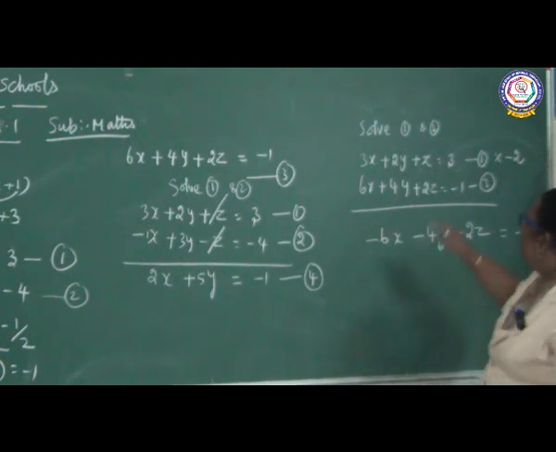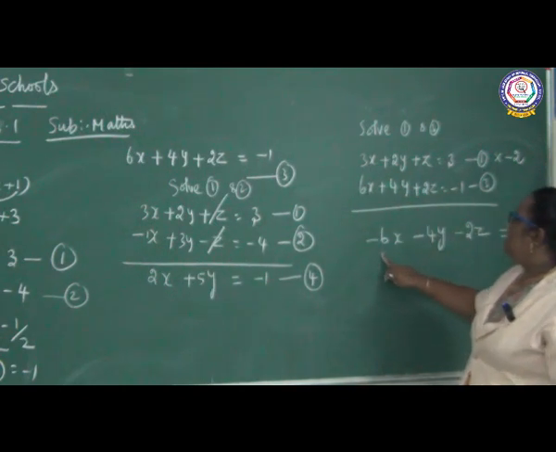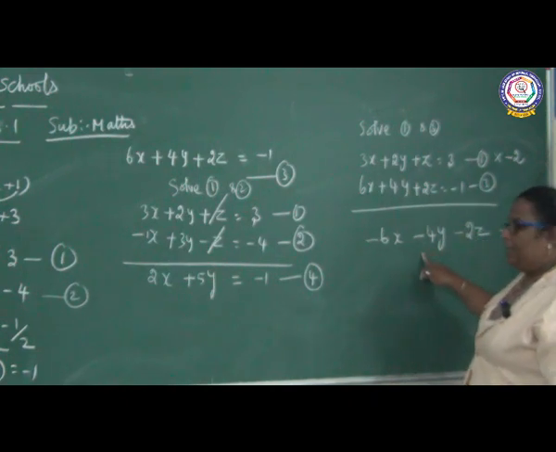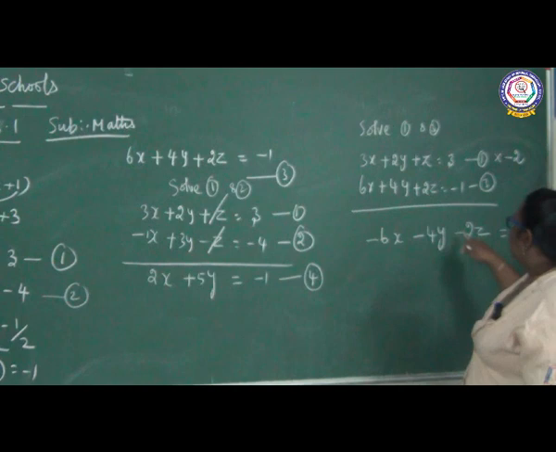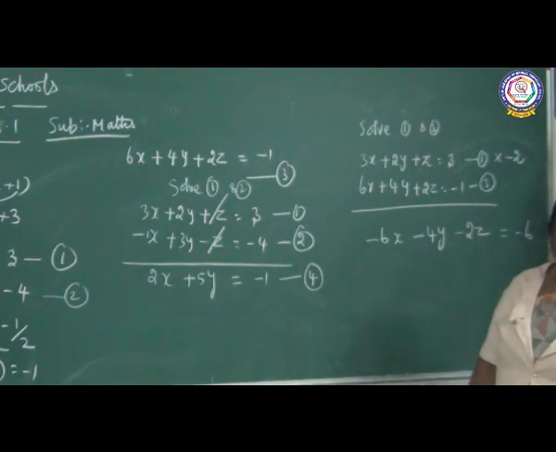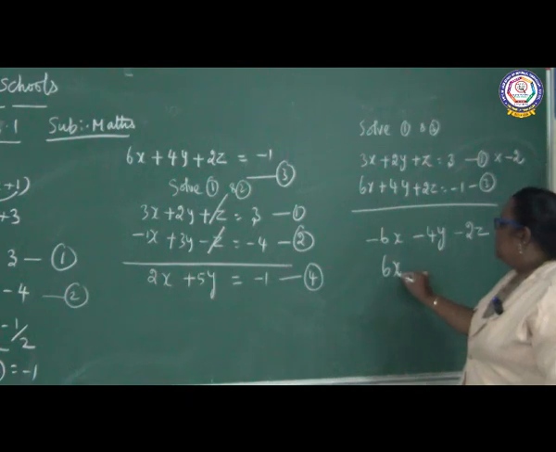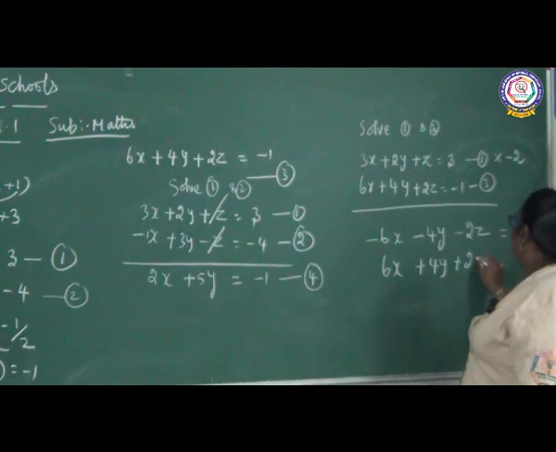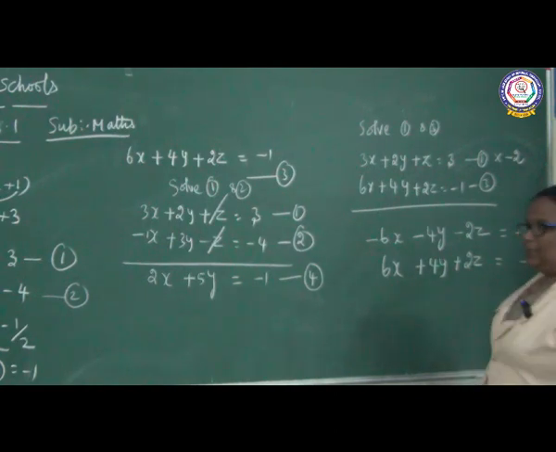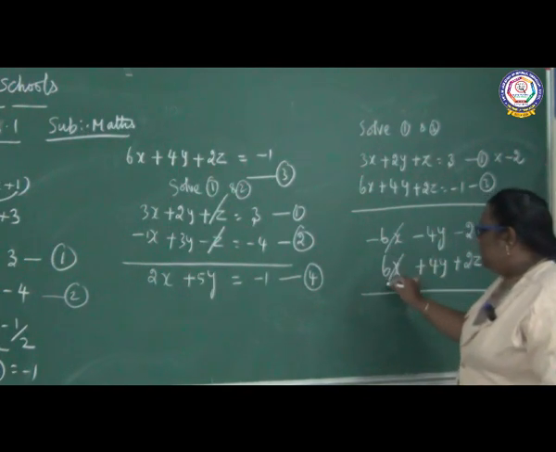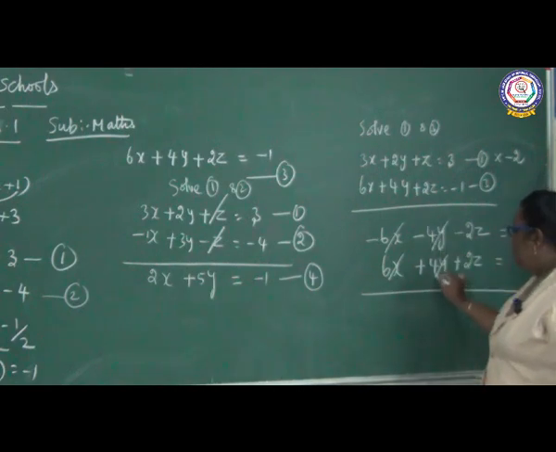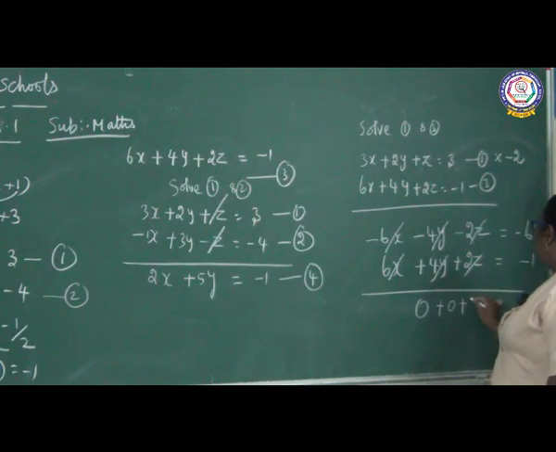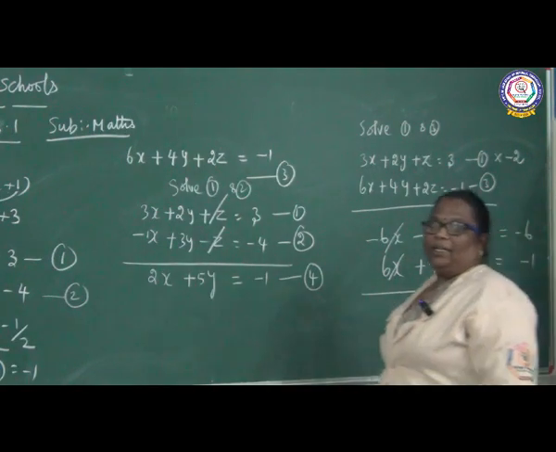Then 6x plus 4y plus 2z equal to minus 1. Cancel the terms: plus 6x gets cancelled, 4y gets cancelled, 2z gets cancelled. 0 plus 0 plus 0 is equal to minus 7.